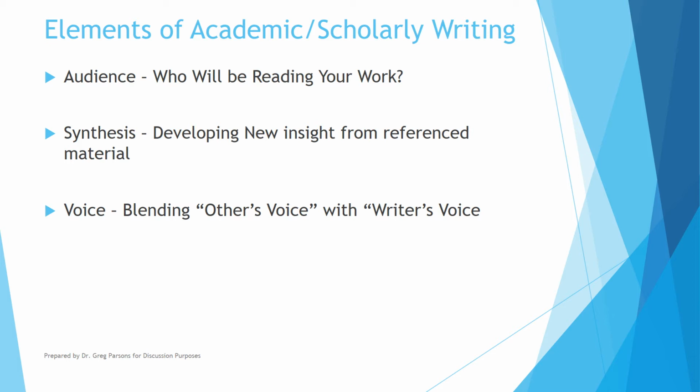Okay, so we're looking for new ideas. We're looking for critical thinking. Not opinion, but critical thinking about the existing research that's already been done. And then you'll learn to use voice, to blend others' voice, that would be your reference material, from writer's voice, which is what you want to say about it.